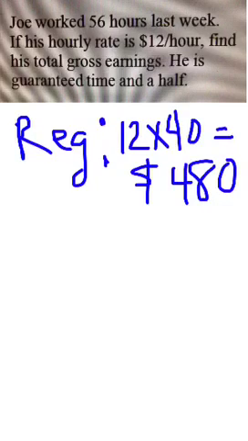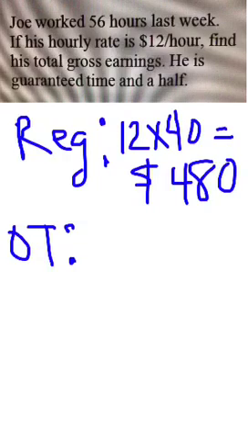Next up, find the amount of overtime. Again, since this person is guaranteed time and a half, the multiplying factor is 1.5.